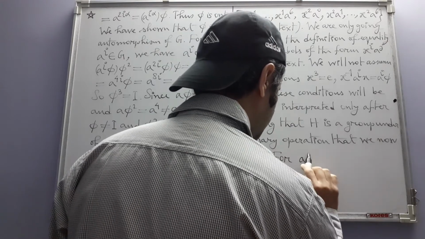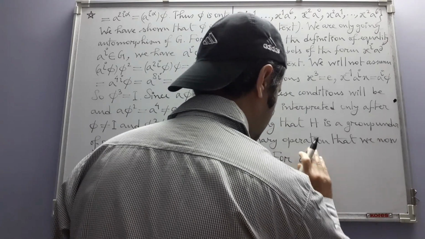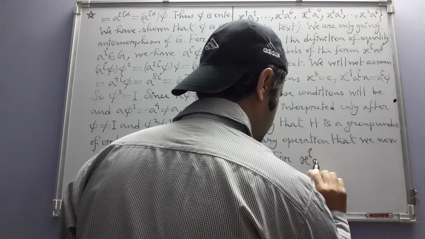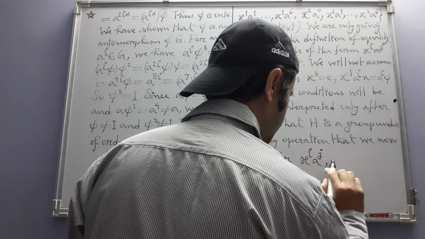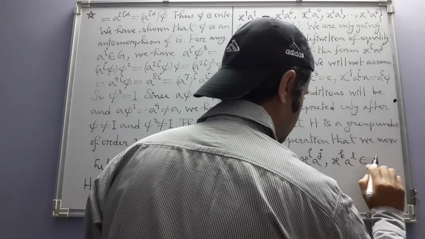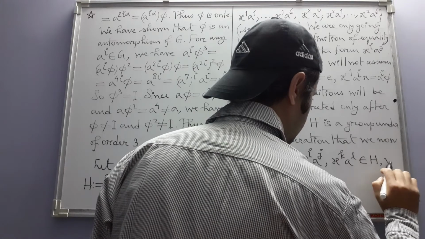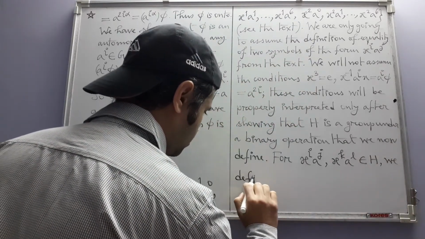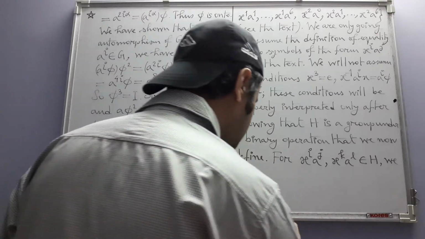For two such symbols, x^i a^j and x^k a^l belonging to H, we define this.